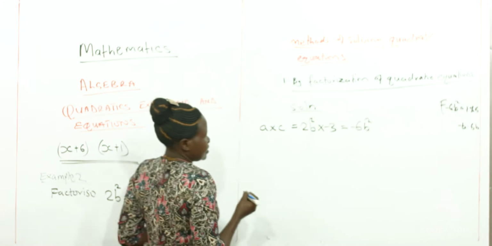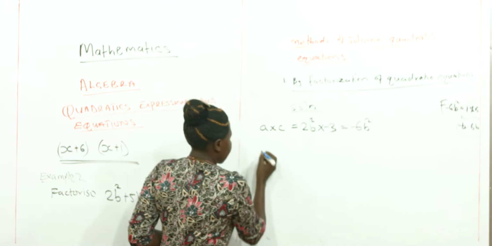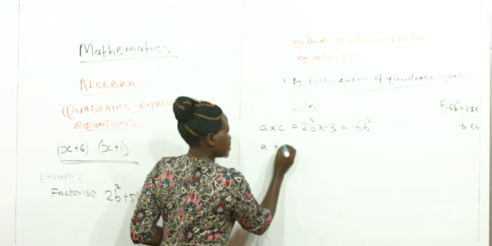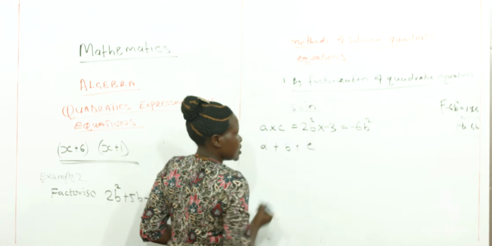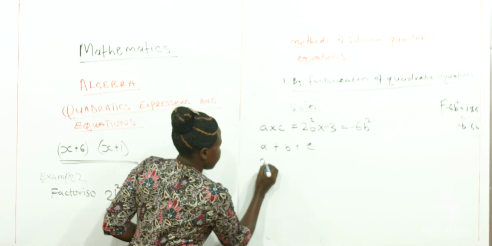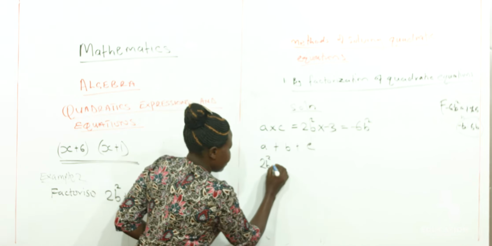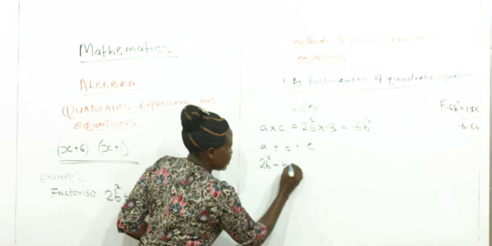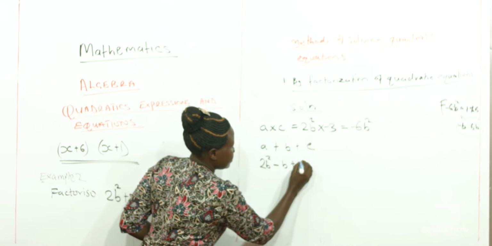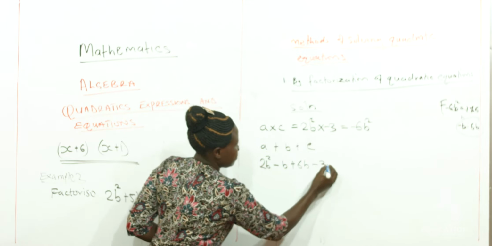That gives negative 6 when multiplied and positive 5 when added. After getting that, this is our second term. So we rewrite A plus B plus C: where A, we put 2b squared, and then minus b, and then plus 6b, and then minus 3.